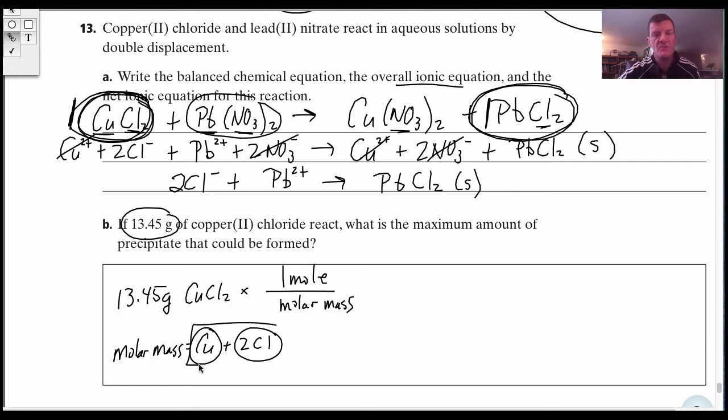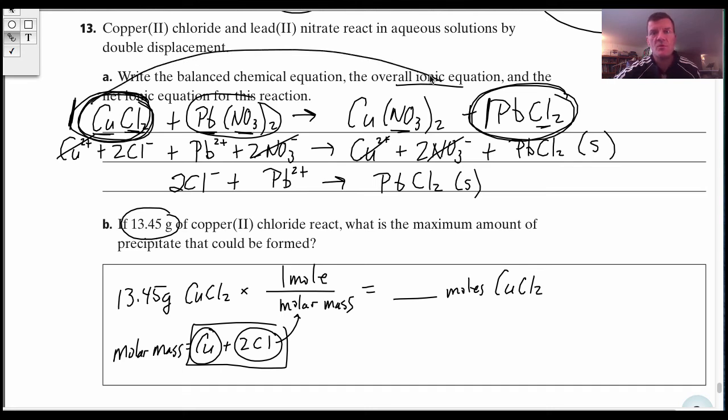So you're taking 13.45, divide by that number, and that is the number of moles of copper 2 chloride. And that's going to be exactly the same number of moles as our precipitate because they're in a 1-to-1 ratio. Okay? Same number for both. All right? So I'll let you do that.